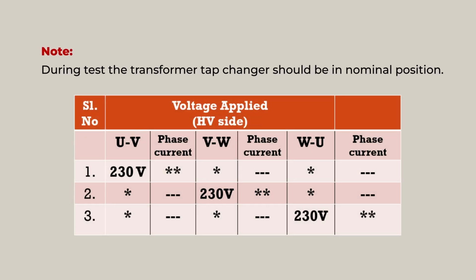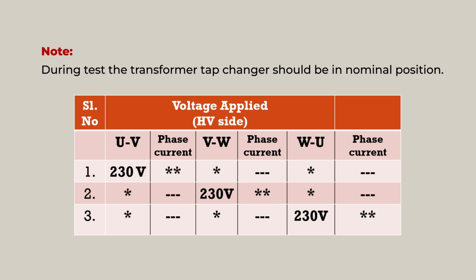You can see in column 1 that we have applied 230 volt between phase U and V, and then you have to measure the current in that particular phase, and then check the voltage of the other two phases, that is VW and WU.